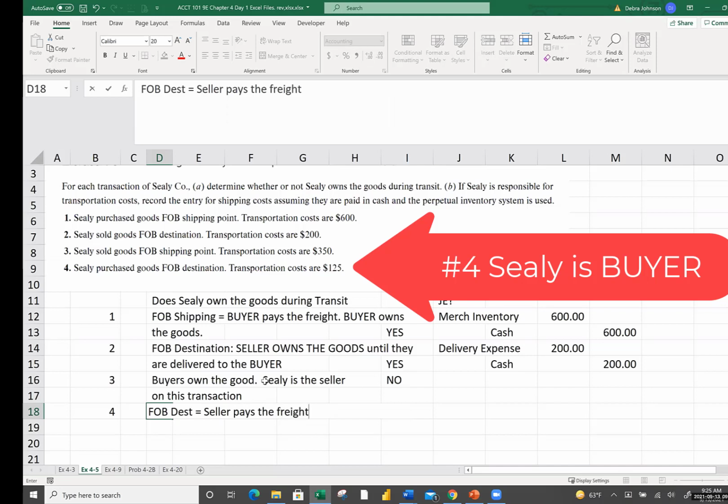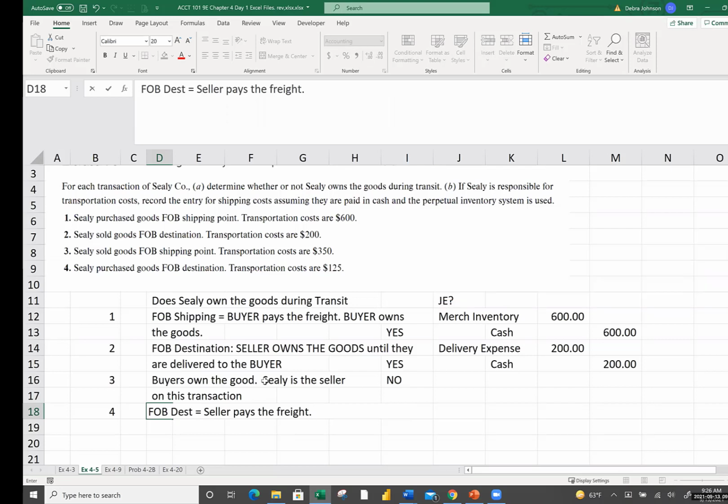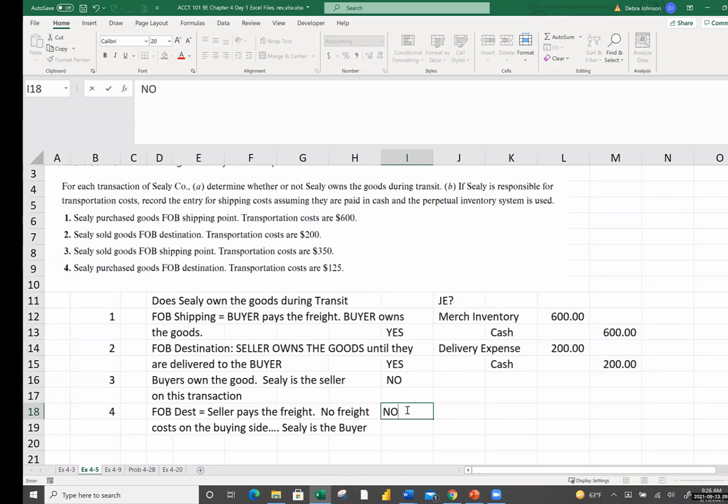They own the goods and they maintain ownership of that until it is delivered. So while they are in transit, Sealy is the buyer. There is no freight issue on the buyer side. So no freight costs on the buying side, and Sealy is the buyer. So that means no, Sealy does not own the goods. That would stay with the seller, and there would be no journal entry.